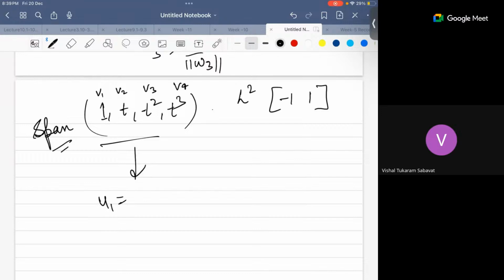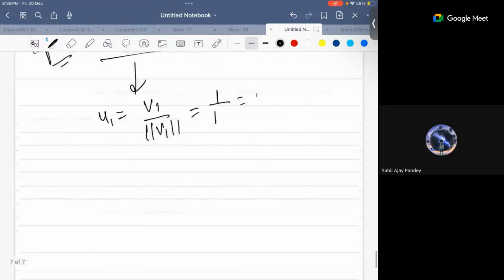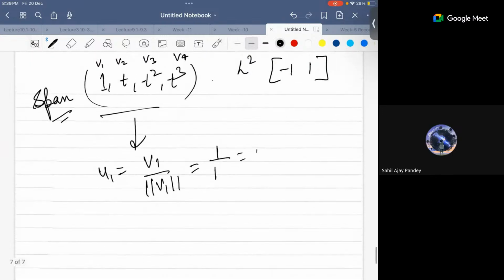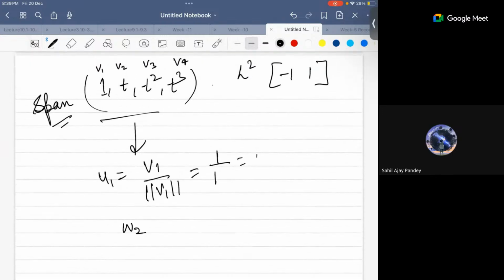Now u1 will be what? v1 upon the norm of v1, so this will be 1 upon 1 itself, so this will be 1. Now, how will you calculate the second one? w2 is v2 minus v2 dot u1 times u1, the same formula as we wrote above.